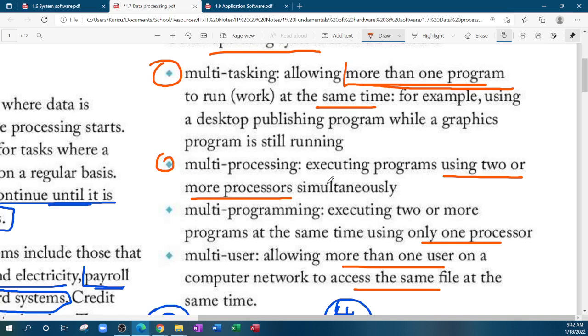The second one. Multiprocessing is when you have two or more processors. So you have multiple processors. Multiprocessing, multiple processors. So the programs on your computer now can have access to these multiple processors and they can run at the same time.